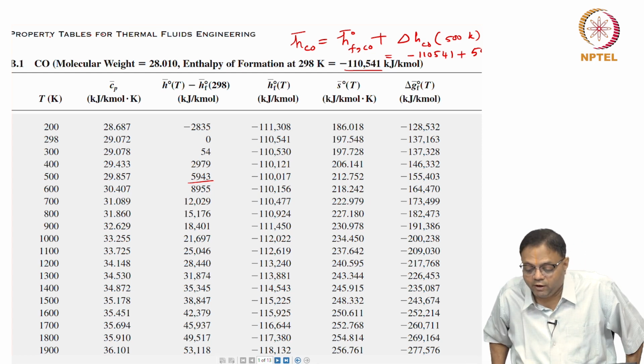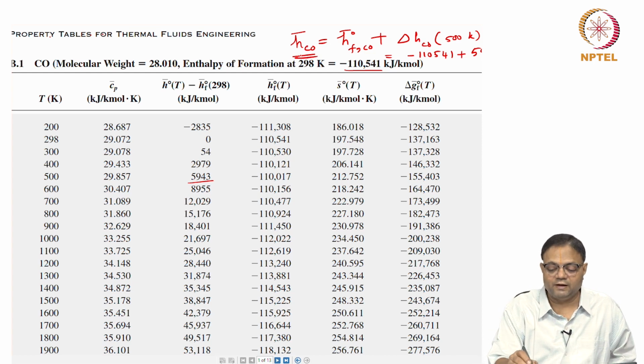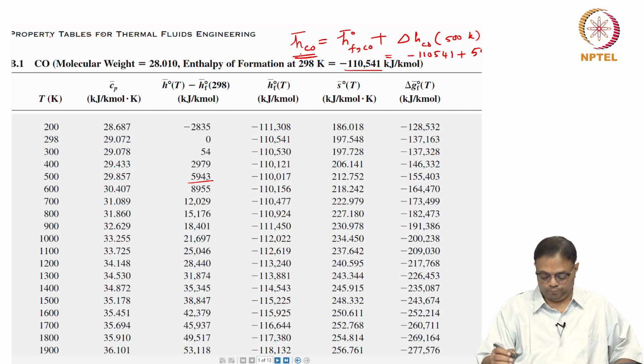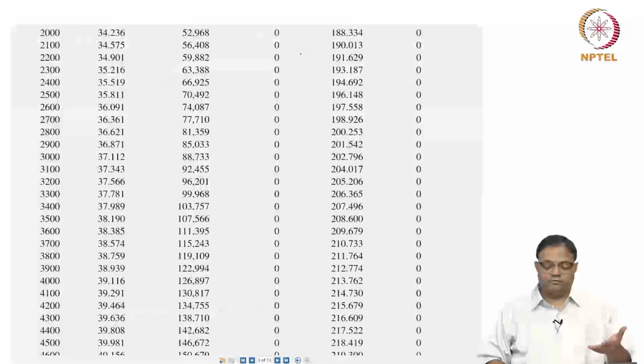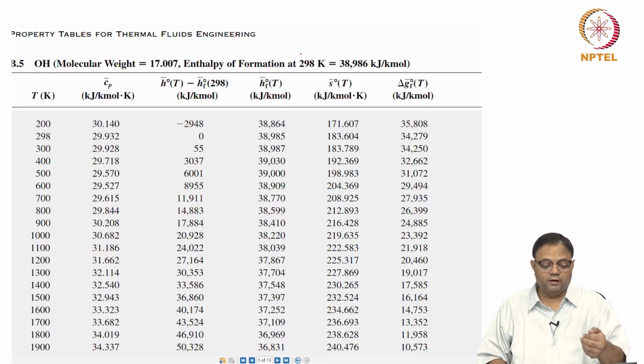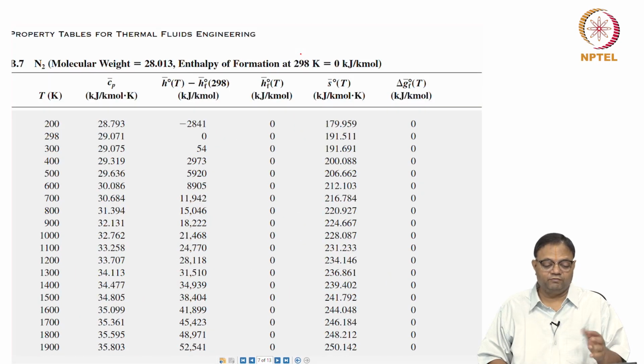That is the way I calculate. So that I get the value of the standard enthalpy, and I multiply this standard enthalpy, which is in kilojoule per kilomole, with the number of moles of CO. Now, the tables for several species are given. For example, here you can see H and here OH and here H2O. So you can refer to this table.